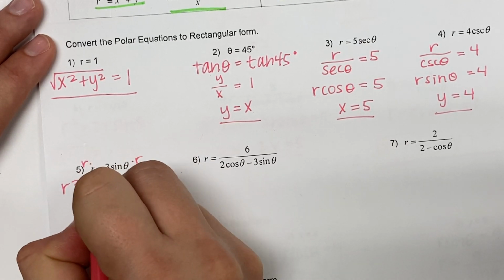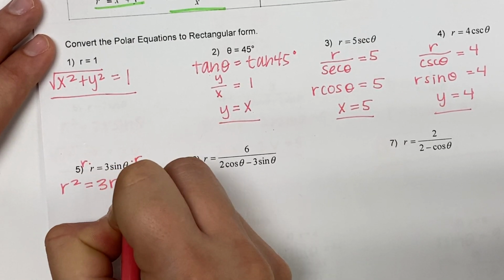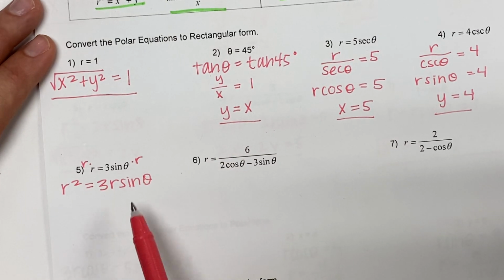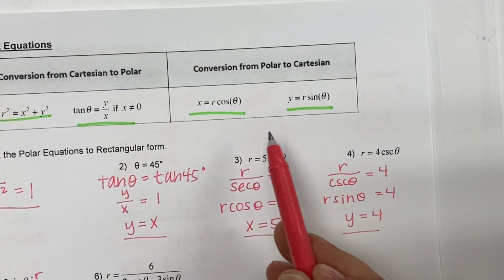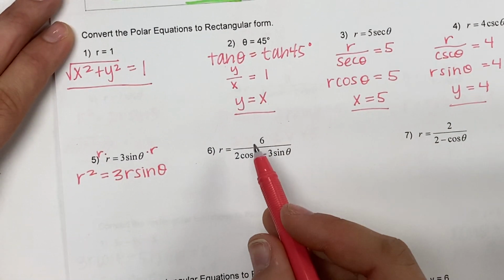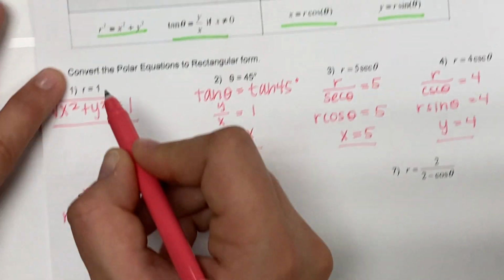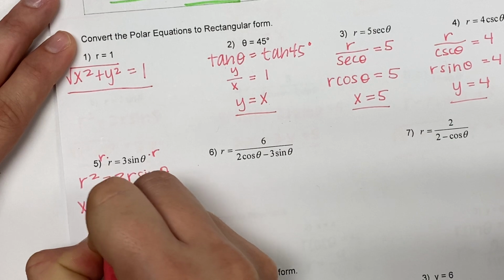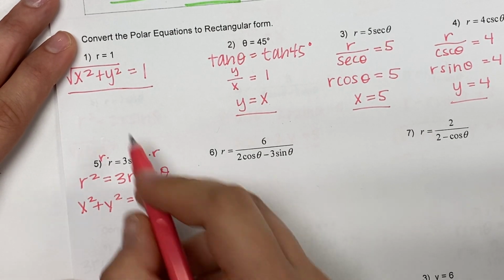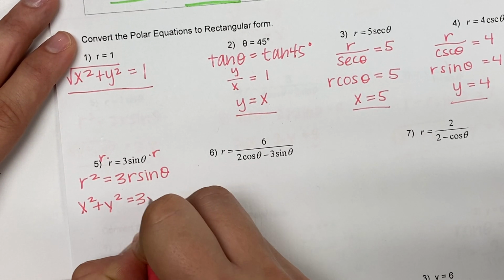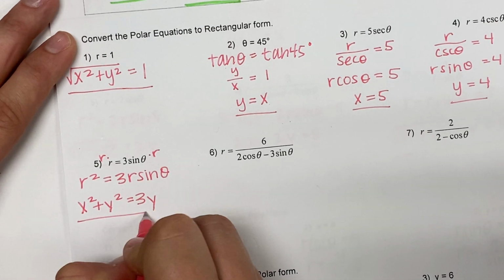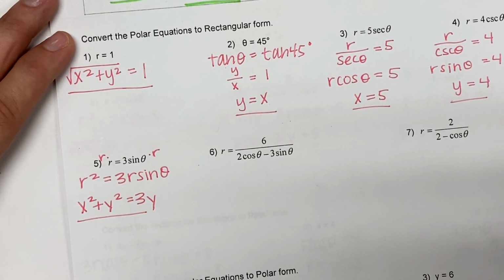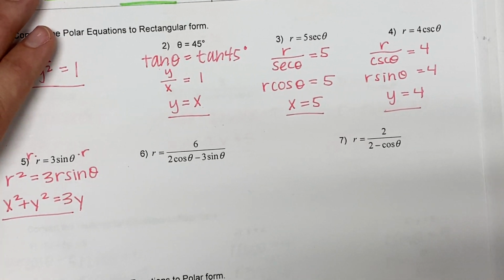The right side will be 3, and there's the r, sine theta. I put that r there because I wanted it to look like this. So we know that r squared is x squared plus y squared. And 3 r sine theta is y. Yay!